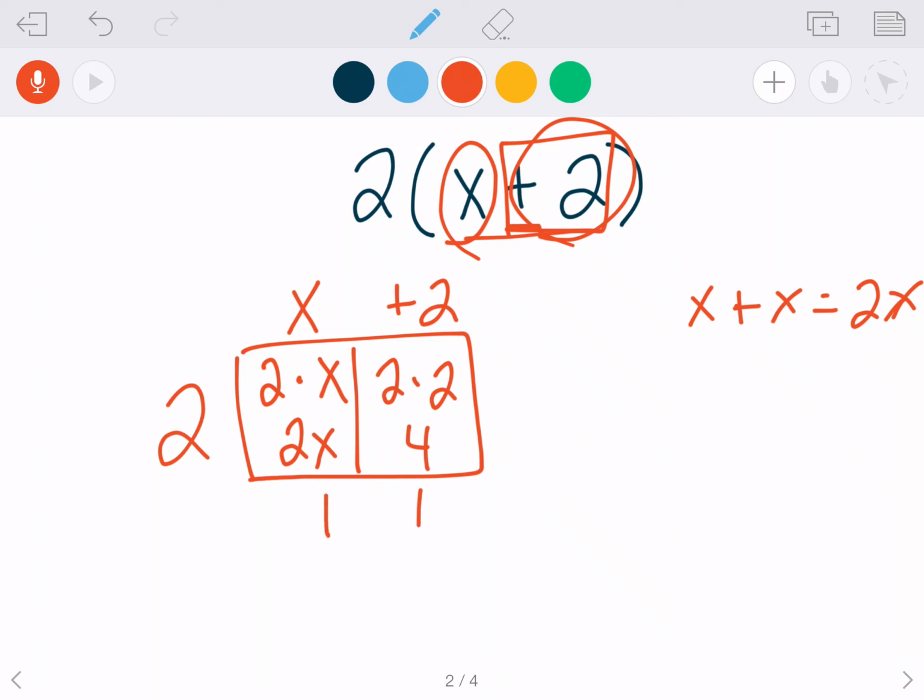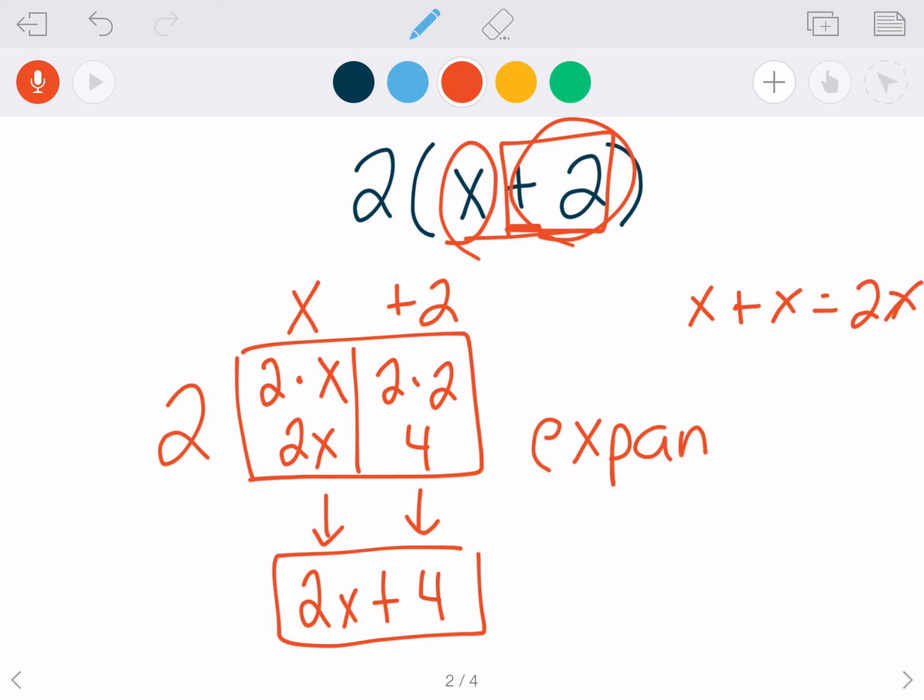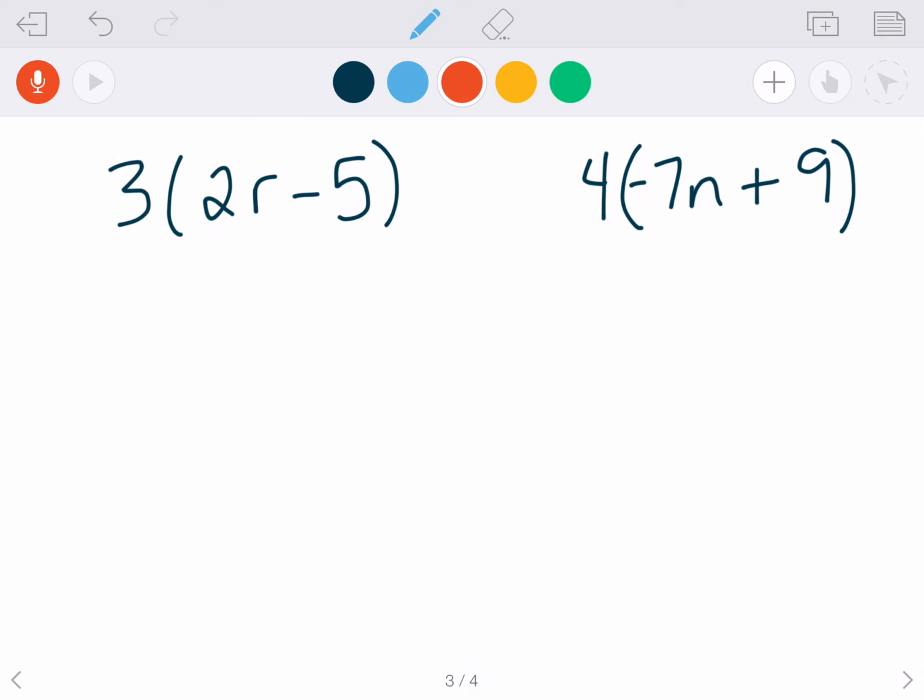Now I can rewrite this, 2x plus 4, and I have successfully distributed that 2 to each term inside parentheses. And that would be called expanding, or distributing.